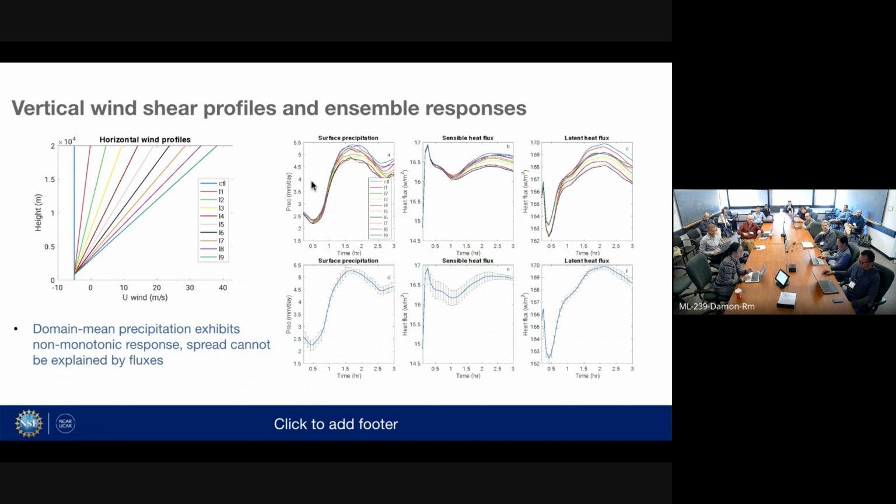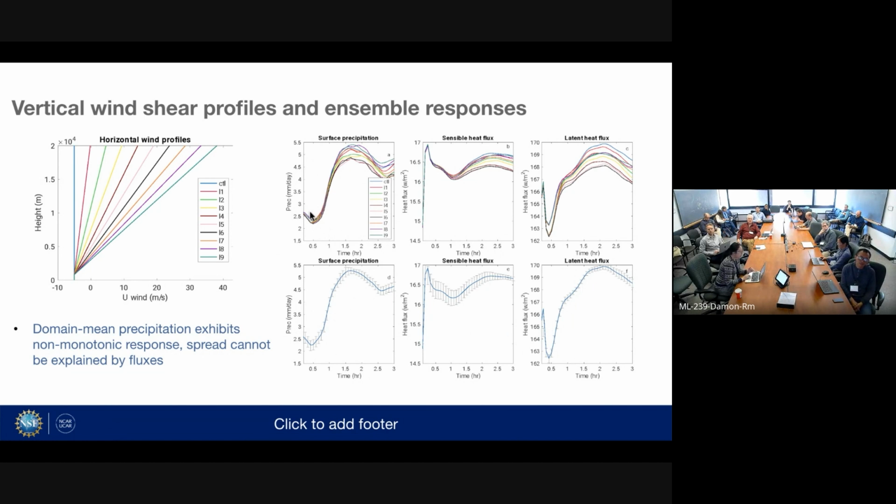And the response of the convection to the imposed vertical wind shear profiles is shown in the right panel here, in terms of surface precipitation, sensible heat flux, and latent heat flux. And the bottom panel is the ensemble spread, as I mentioned earlier, because I used 20 ensemble members for those results.